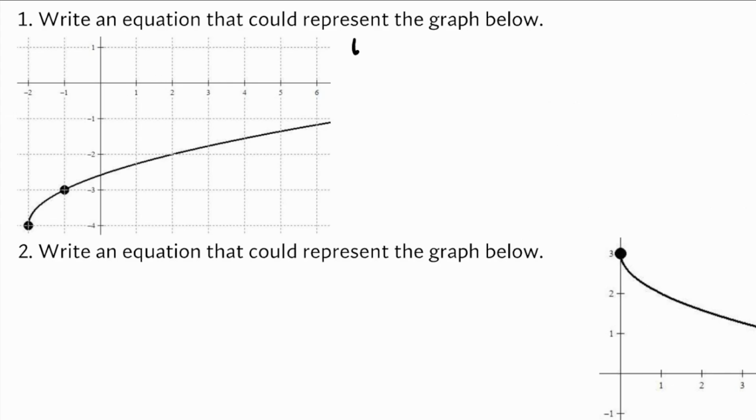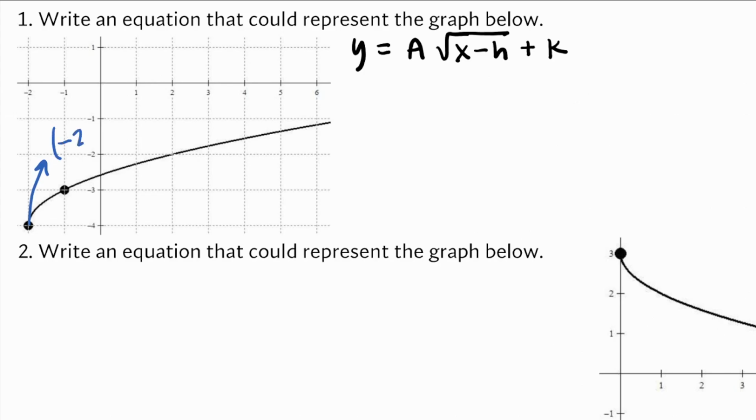So kind of my skeleton is y is some number times the square root of x minus some other number. And I think in class I probably called this x minus h plus k, where h and k was the point where the graph started or stopped. Okay, so in this case, I've got h and k equaling -2 and -4.